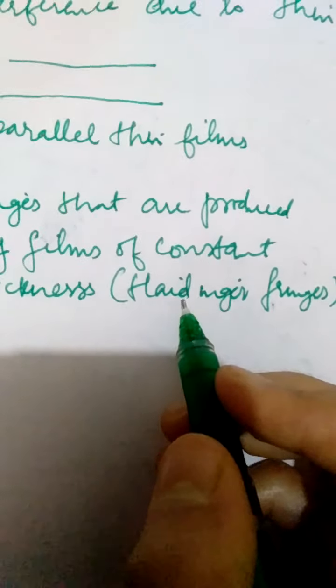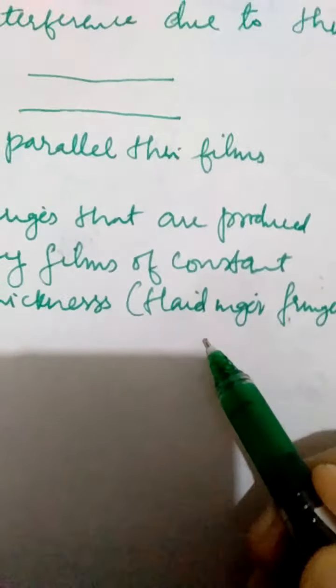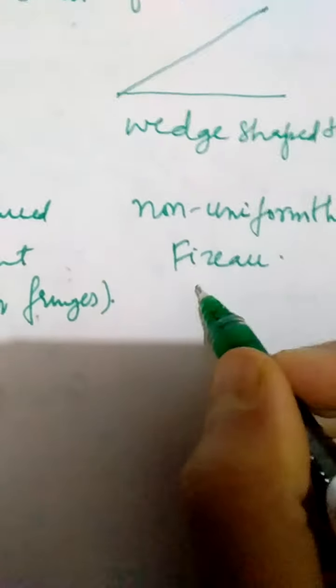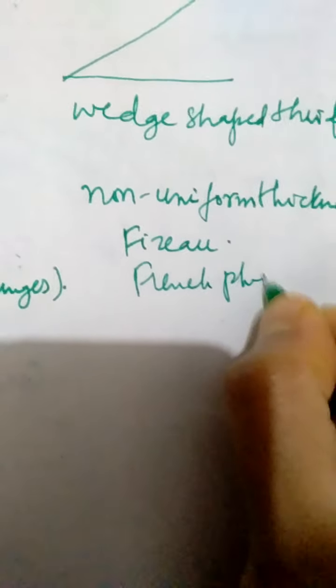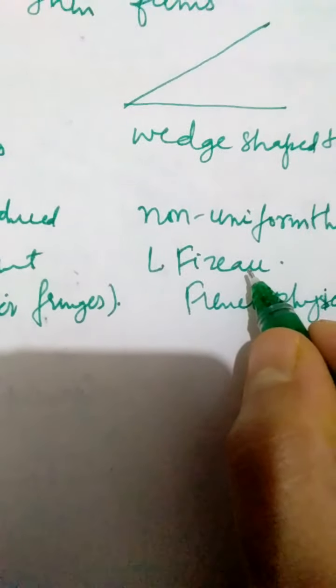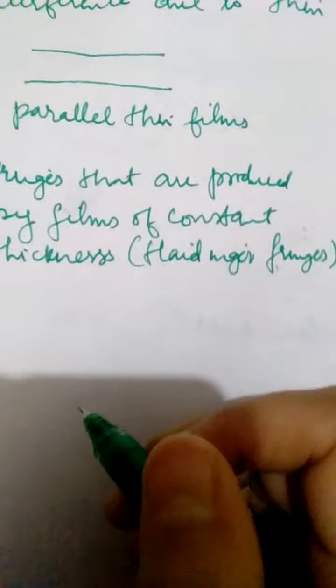Haidinger was the first person who observed these kinds of fringes, therefore these are named Haidinger fringes. And a French physicist, Louis Fizeau, was the first person to observe these kinds of fringes, therefore these are called Fizeau fringes, right?